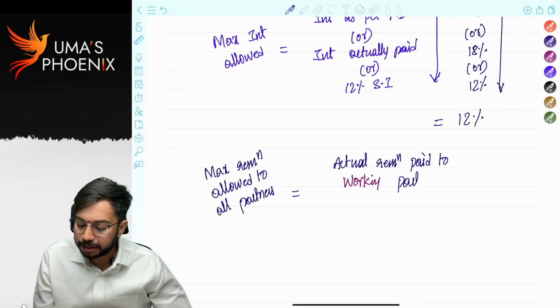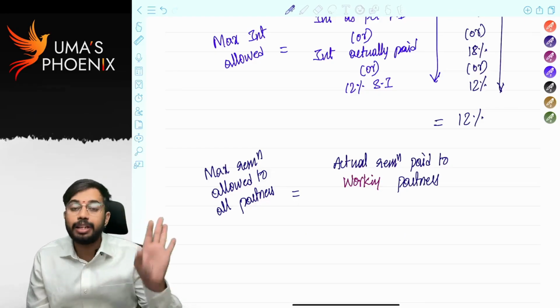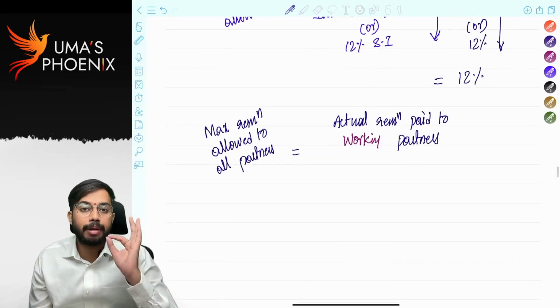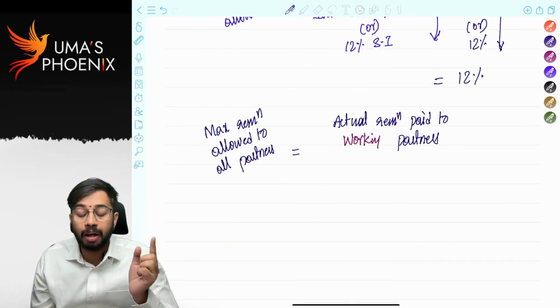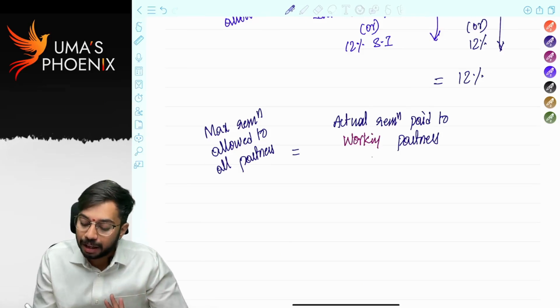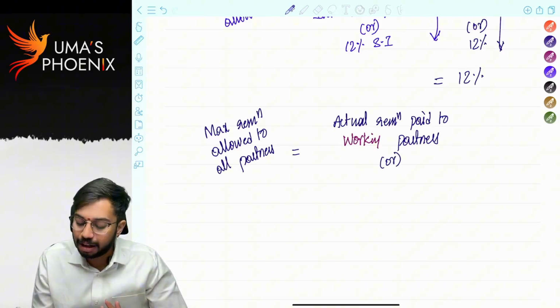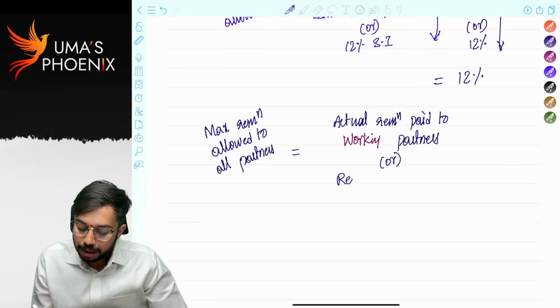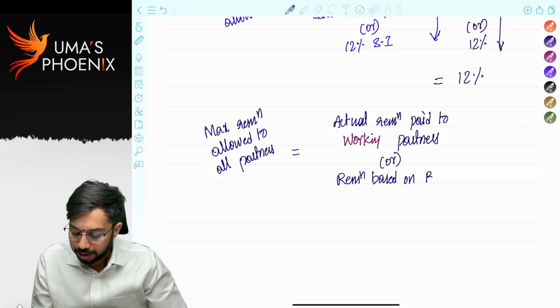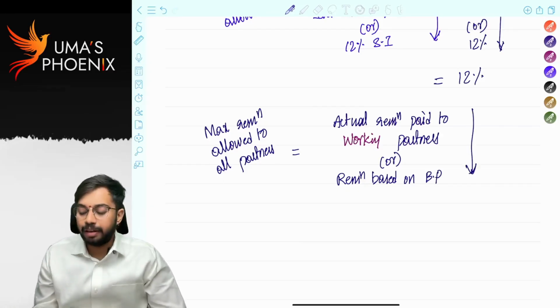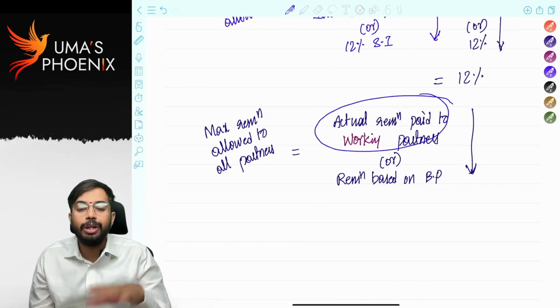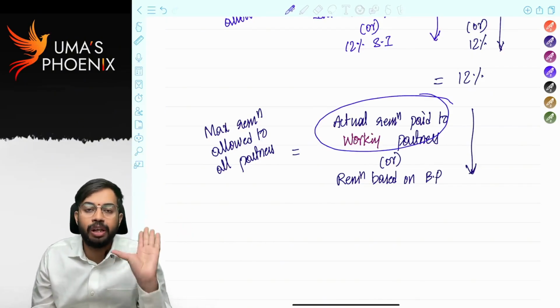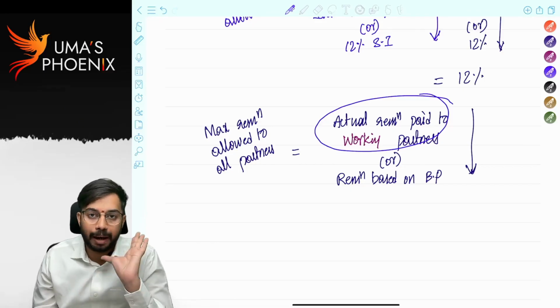Only remuneration paid to working partners is allowed. So the maximum remuneration allowed for a partnership firm is actual remuneration paid to working partners or remuneration based on book profits, whichever is lower. Remuneration paid to working partners you will know from the P&L account.